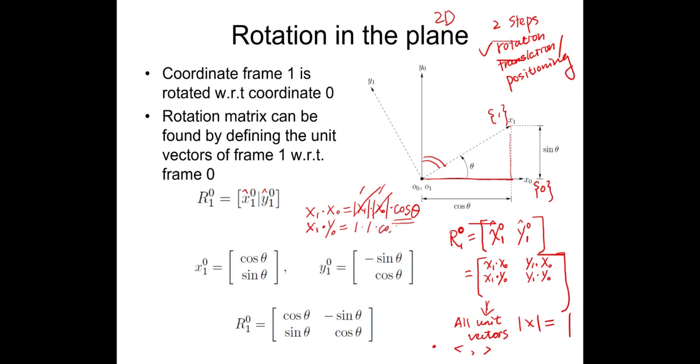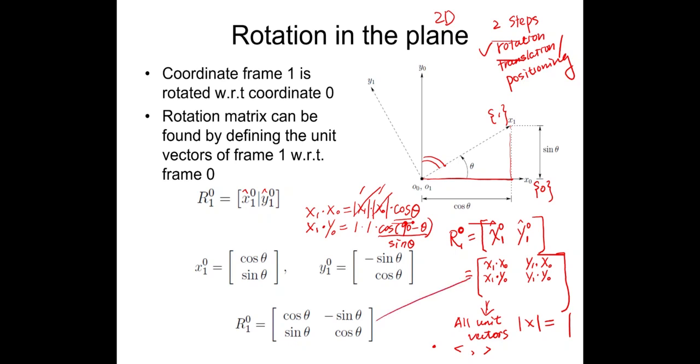The angle equals 90 degrees minus theta. So cosine of 90 minus theta equals sine theta. So this term equals sine theta.